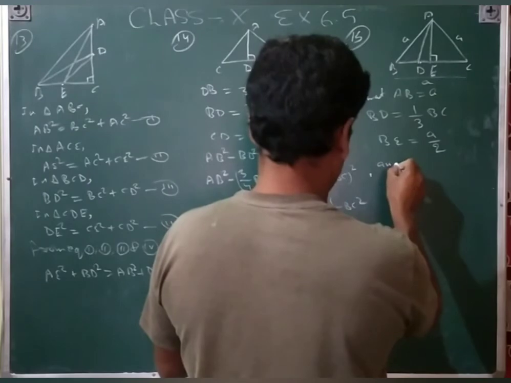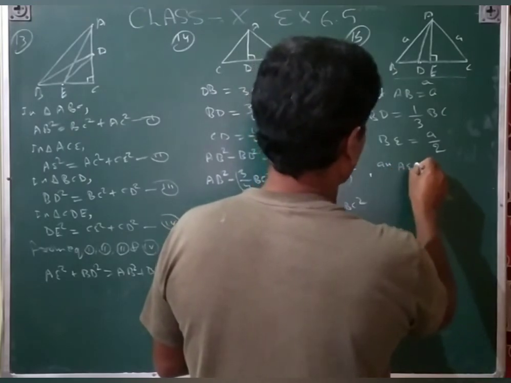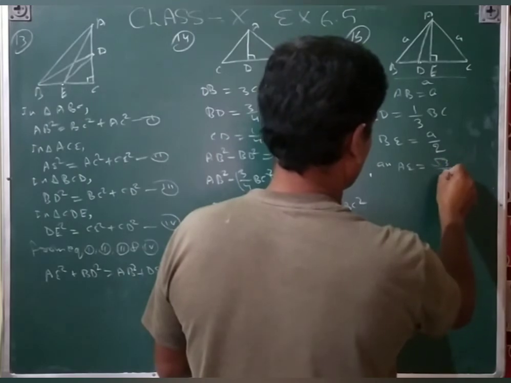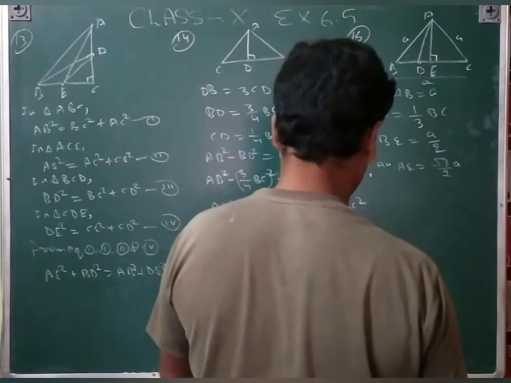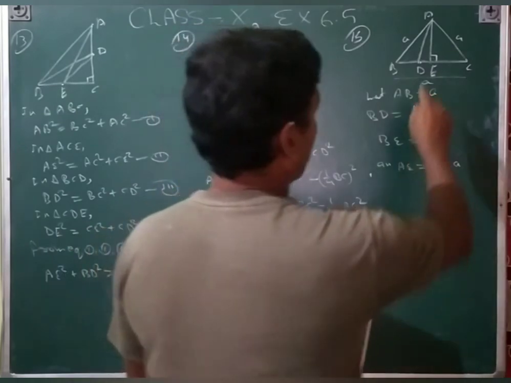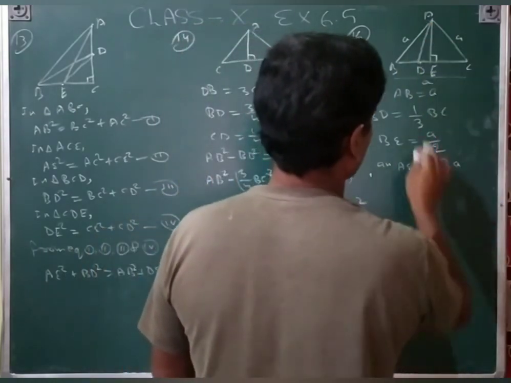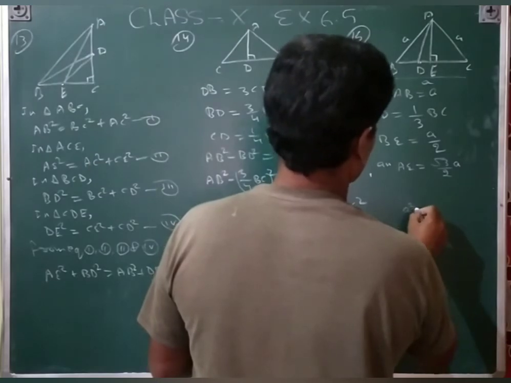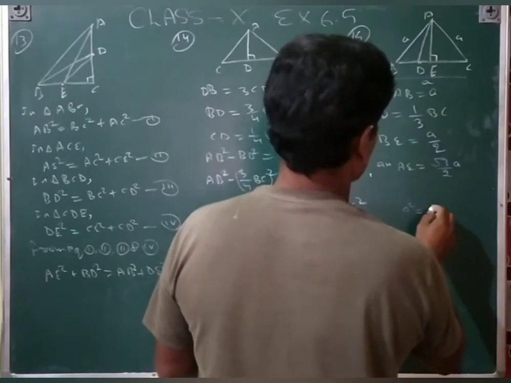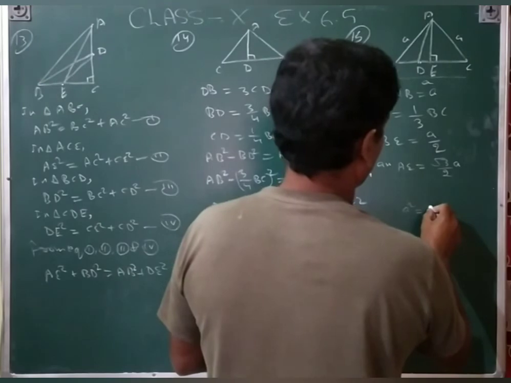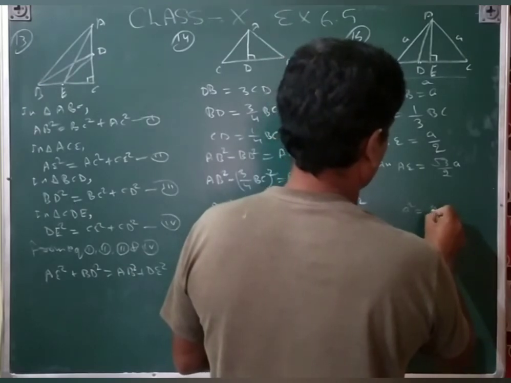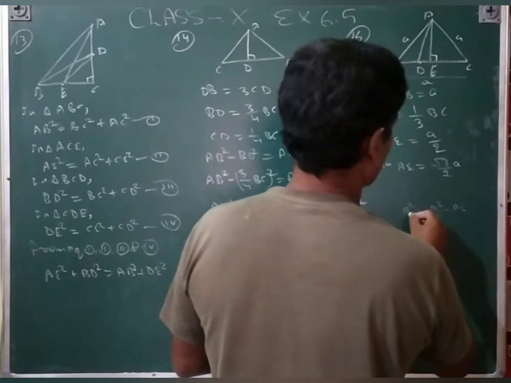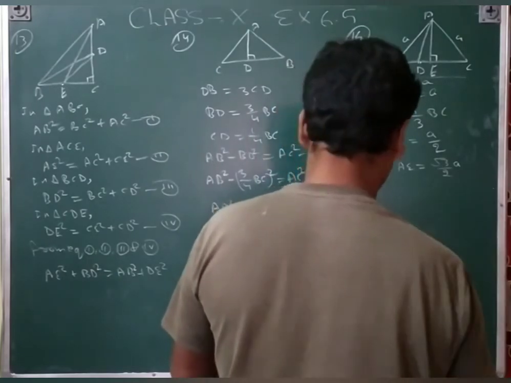And AE is equal to under root 3 upon 2 A, by the Pythagoras theorem. Hypotenuse square is equal to perpendicular square minus AE square, so calculation will become this one.